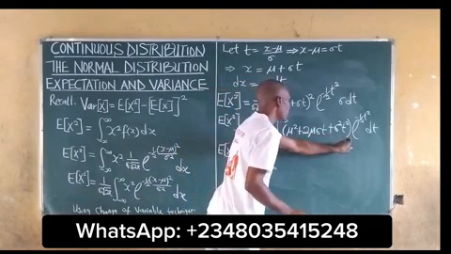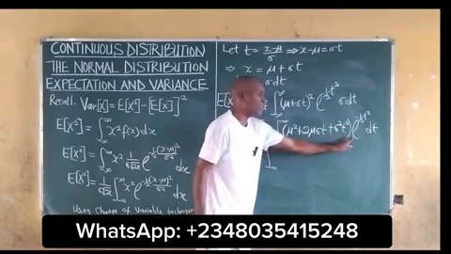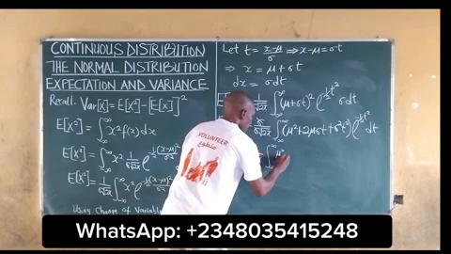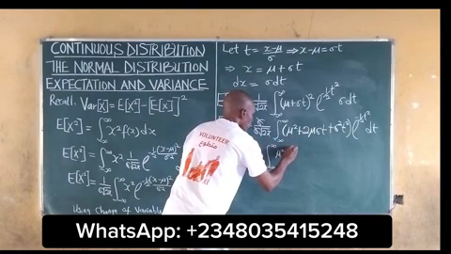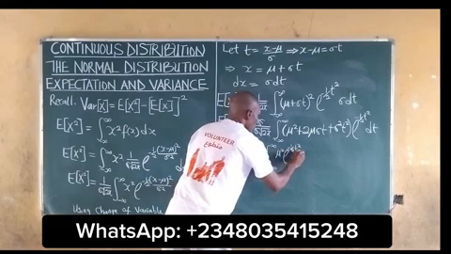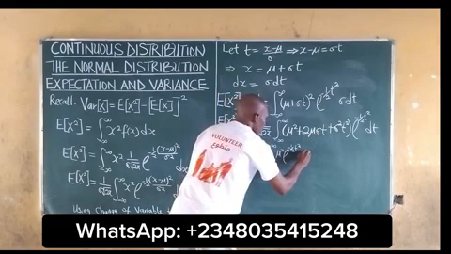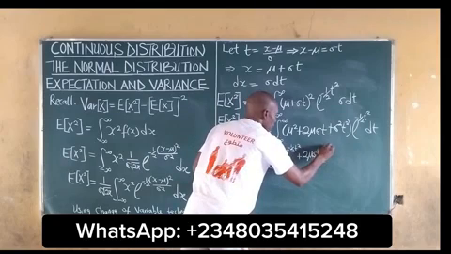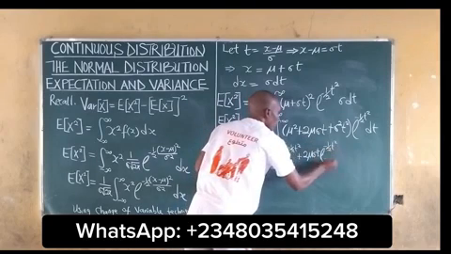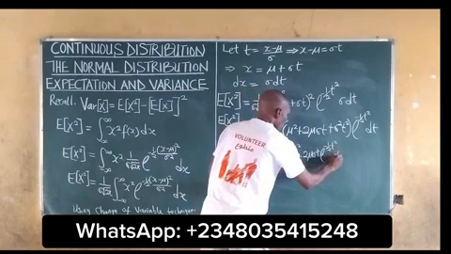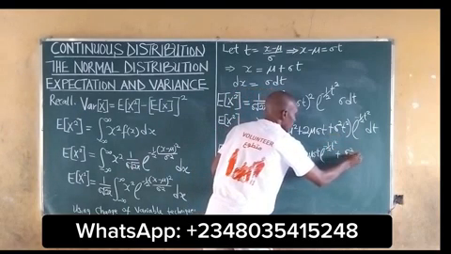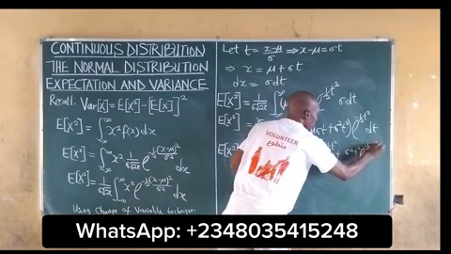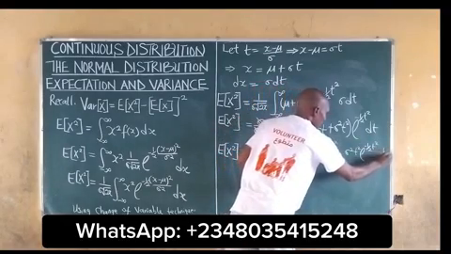We have the whole of this. Now we can multiply this by everything here to give us mu squared exponential negative 1 all over 2 t squared plus 2 mu sigma t exponential negative 1 all over 2 t squared plus sigma squared t squared exponential negative 1 all over 2 t squared, then dt.